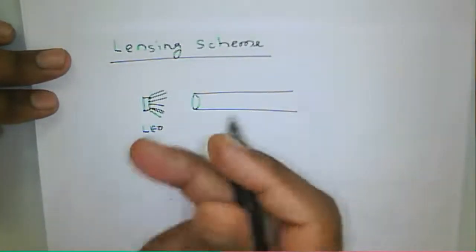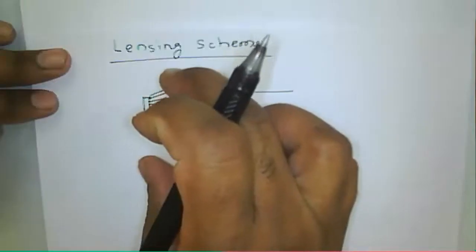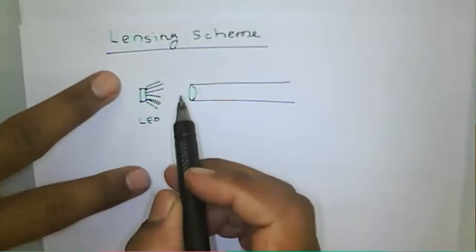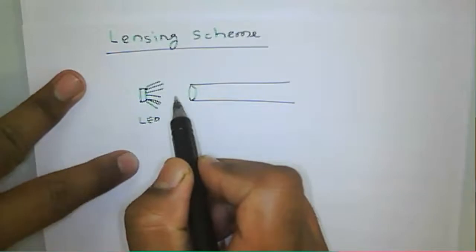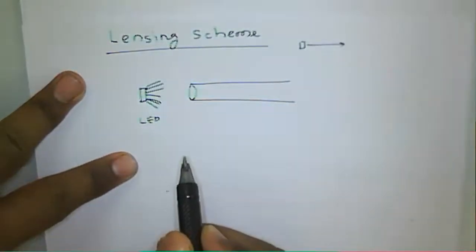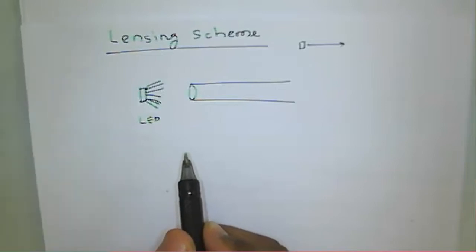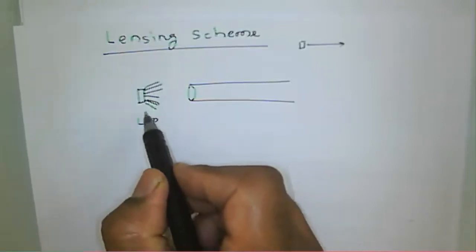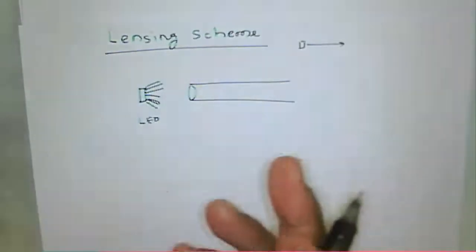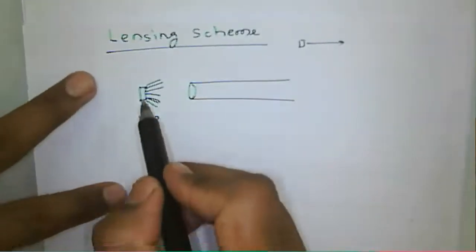Then your coupling scheme will be different. Generally, for a laser the light will be narrow, but if you consider an LED, it is a broad one, the spectrum will be broad, and it emits with wide divergence.